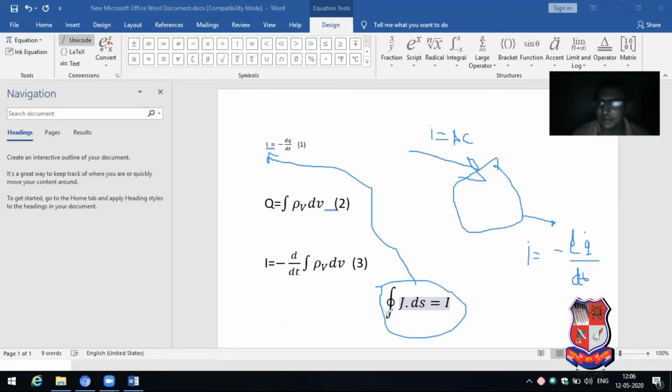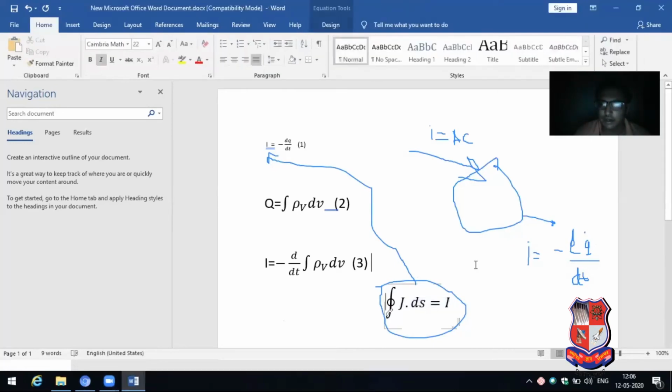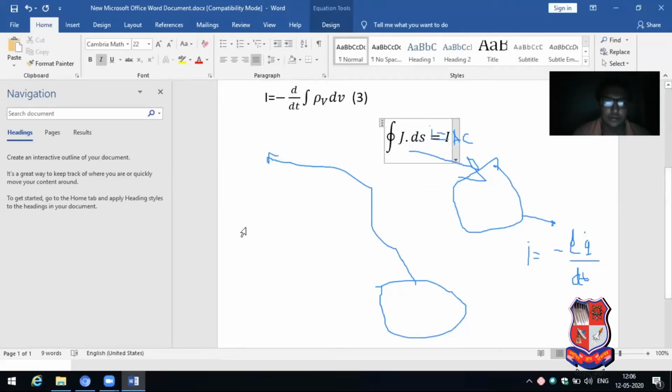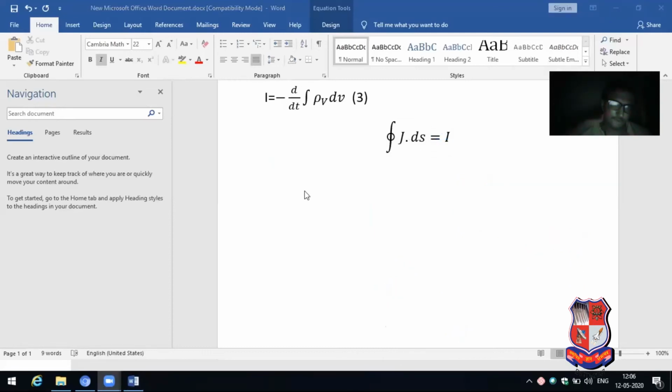So what is the last equation? Closed integration J dot dS equal to minus d by dt of the volume integral rho v dv.